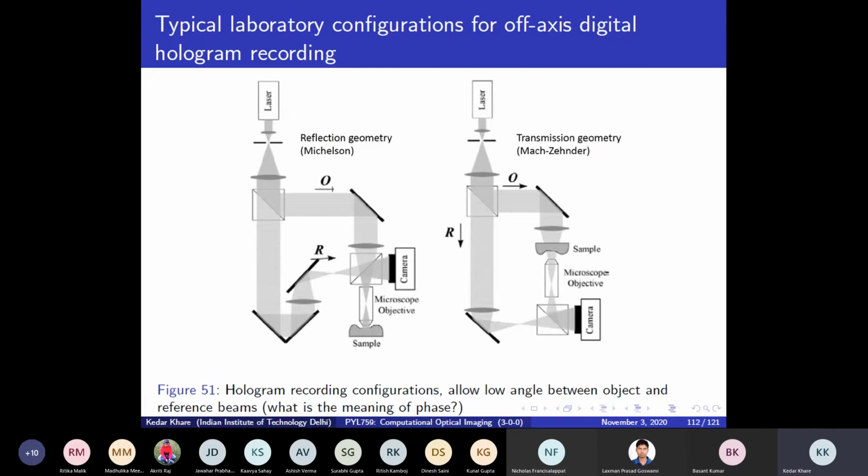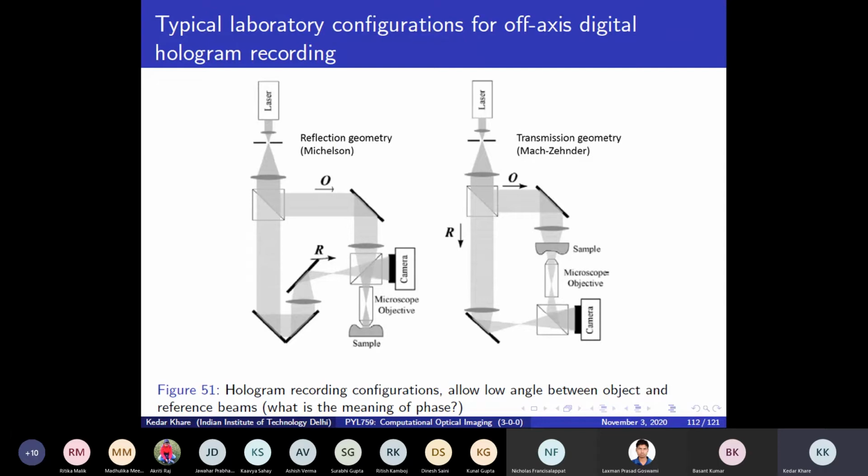If instead of a sample I just put a mirror there, then I will have two waves interfering at an angle, and I'll just get plain, straight line fringes. But now I will not get straight line fringes because of the sample. So what is the meaning of phase in these two configurations? Can somebody tell me what is the meaning of phase here? Phase of the fringes, or phase modulation of fringes.